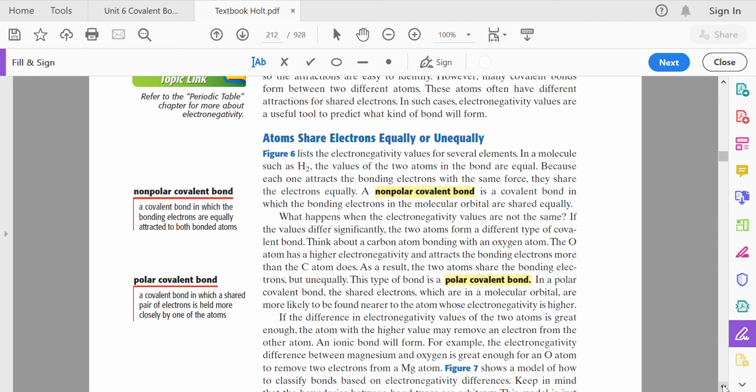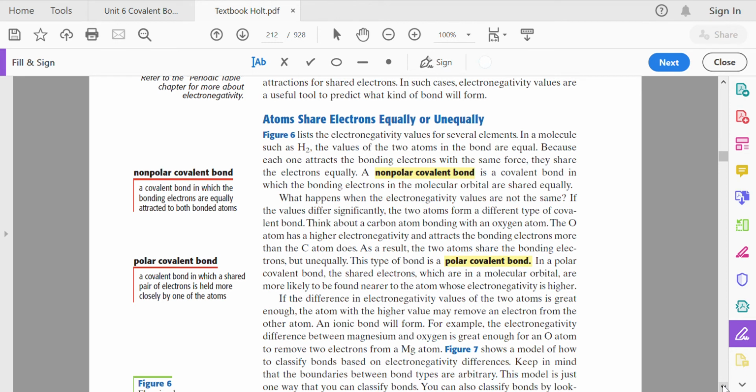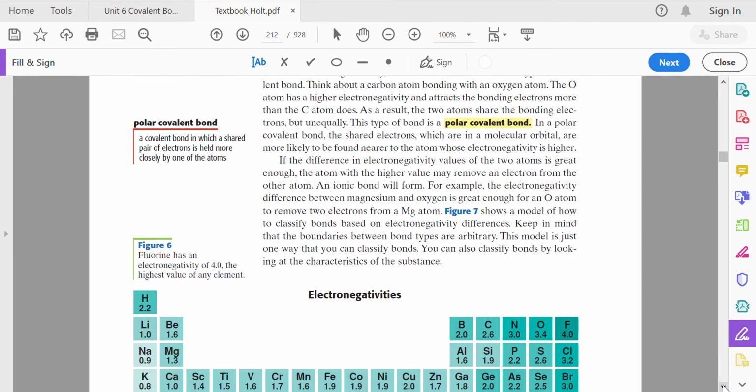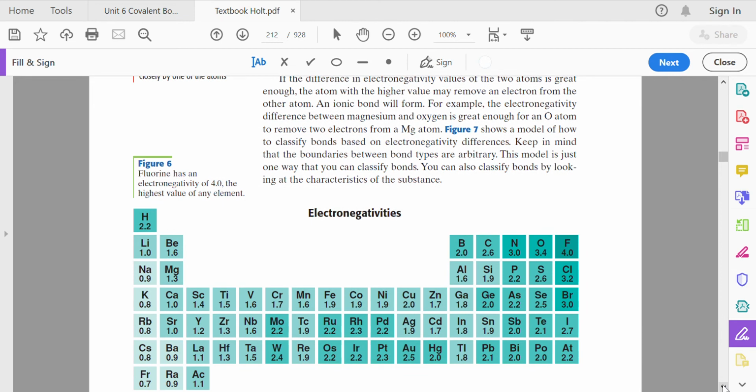Okay, we can talk about a non-polar covalent bond or a polar covalent bond. And to do that, we have to talk about electronegativity. Electronegativity is a measure of an atom's ability to attract electrons. So you can see that fluorine has the highest electronegativity, a 4.